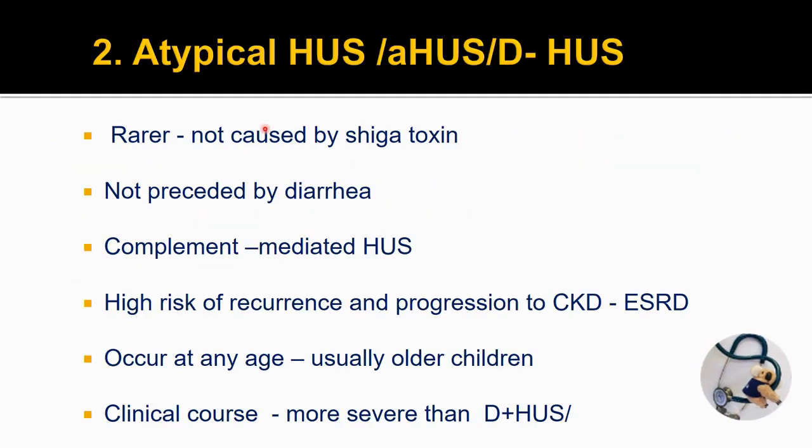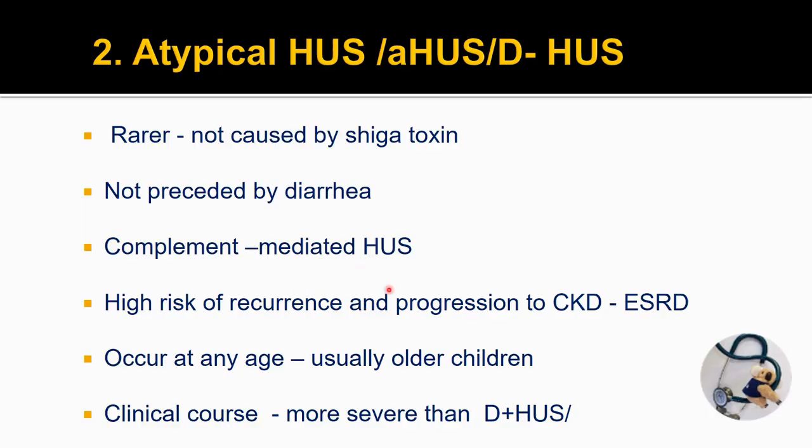Number 2 type is atypical HUS, also known as AHUS, sometimes D minus HUS. This is a rarer type and this is not caused by the Shiga toxin. So this is not preceded by diarrhea. Here the main problem is complement. So this is complement mediated HUS.